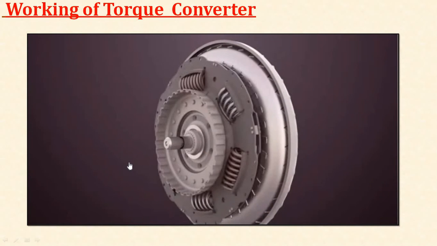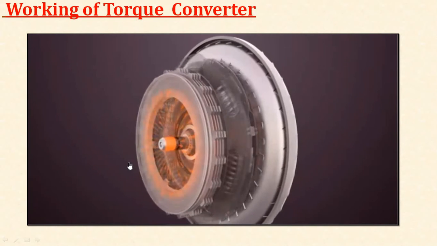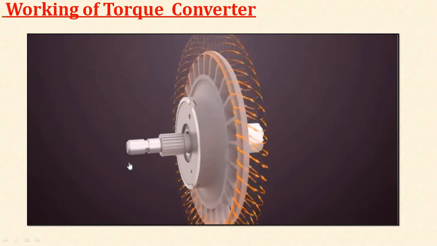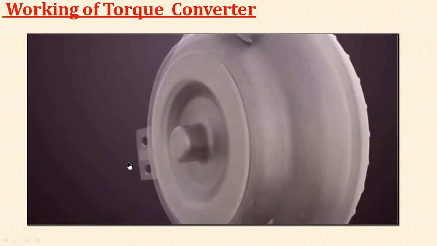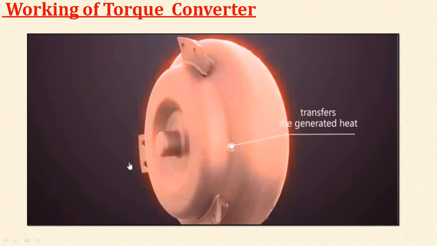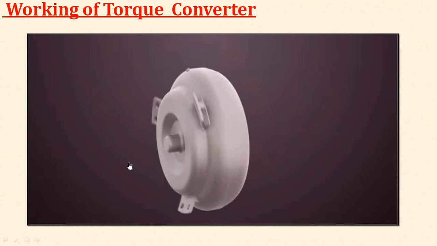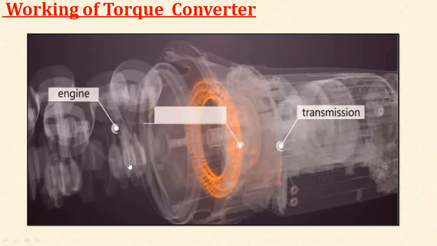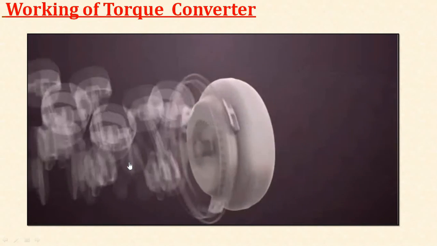High kinetic energy from the engine through the impeller hits the outer edge with high fluid pressure, and the flow of high energy oil provides a force that tends to rotate the turbine. It also provides lubrication to the other parts and transfers the generated heat to the outer side. This force increases with engine speed, and when it is great enough the turbine starts rotating and the vehicle starts to move.